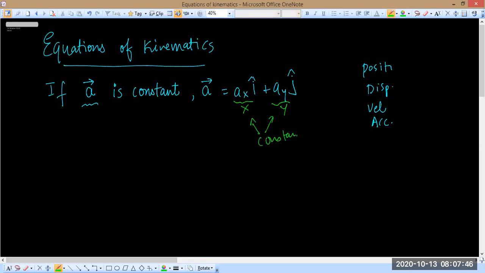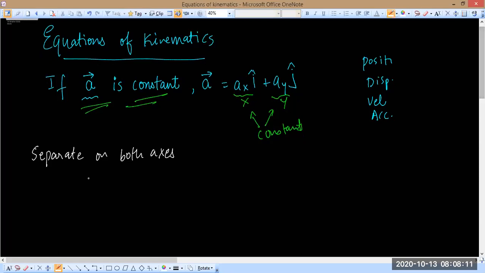Why are both of these constants? Because this whole thing is a constant. So in such a case, if we want to write equations of kinematics, we can write the equations of kinematics separately on both axes, that is on x and on y.